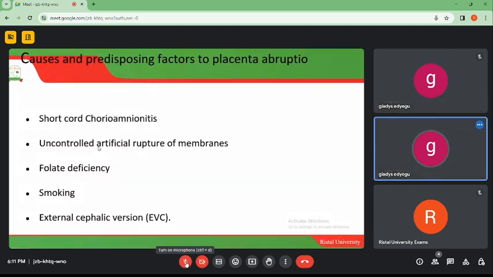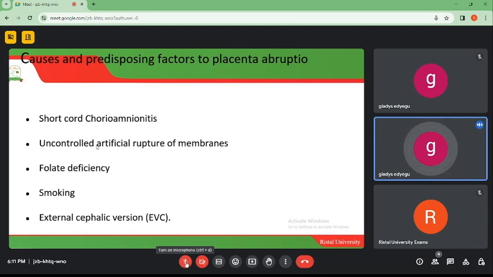So when you're doing artificial rupture of membranes, you're supposed to do it in a controlled way, using an amniotic hook for rupturing the membranes, because it has to give a slow flow of amniotic fluid, not an abrupt, sudden pouring of the fluid, because it can give that kind of pressure and force, and then it can pull down the placenta.